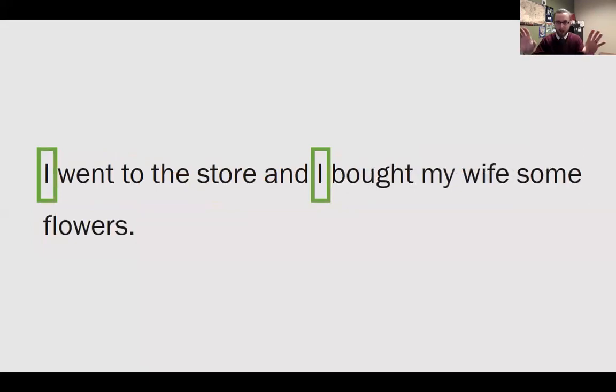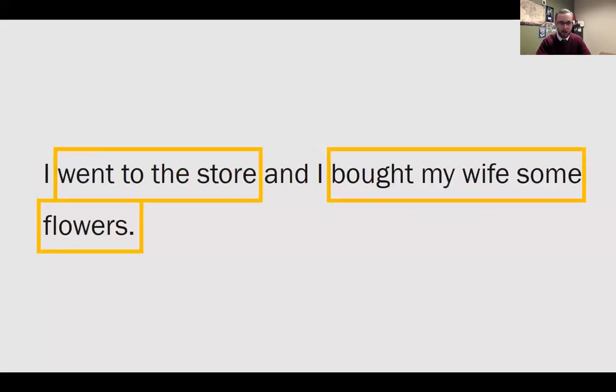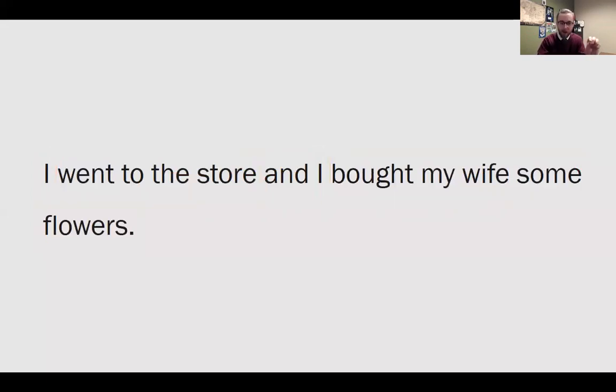And they're separated by lots of words, including a predicate. The two subjects are separated by a predicate, and there are actually two predicates. So as it stands now, this sentence, I went to the store and I bought my wife some flowers, is a run-on. In inserting that second I, that is what made it a run-on, because now it has two subjects and it has two predicates.